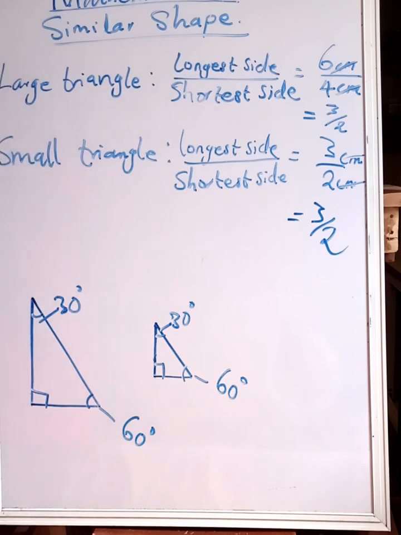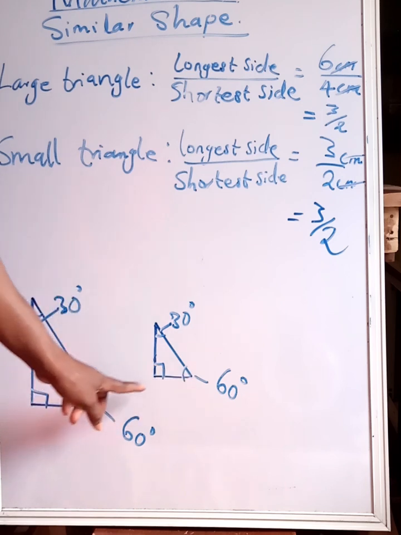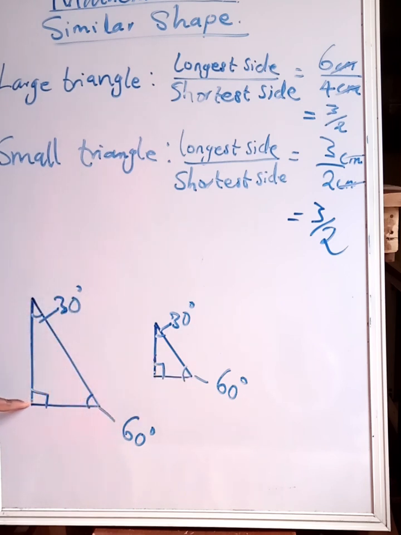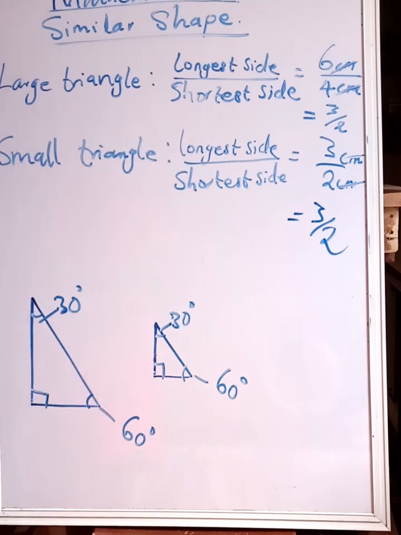You can see that this angle corresponds to this angle. This angle corresponds to this angle. And this angle corresponds to this angle. So because the corresponding angles are equal and the corresponding sides are in the same ratio, we say that the triangles are similar to each other.